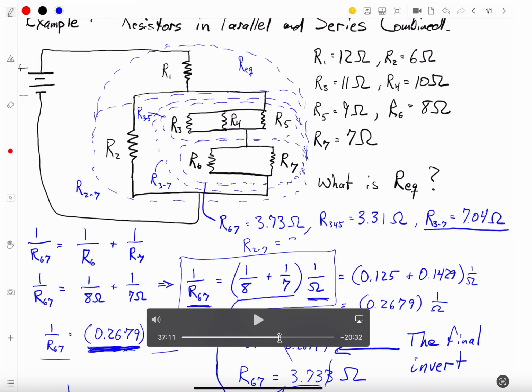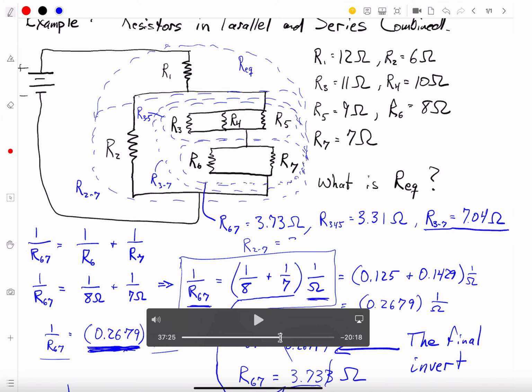Okay, so R1 is the only one that's left out, and if our number is 3.24 and R1 is 12 and they're in series, all I have to do is add 3.24 to 12. So I'm going to do that real quick, and I get 15.24.